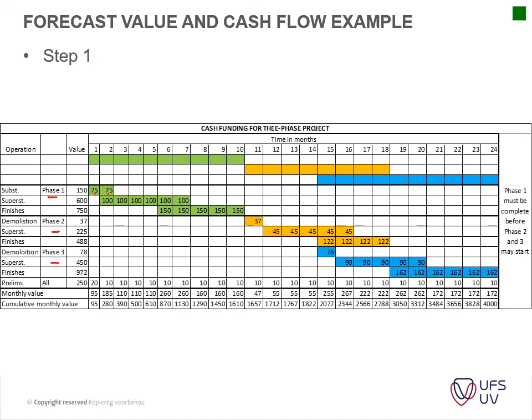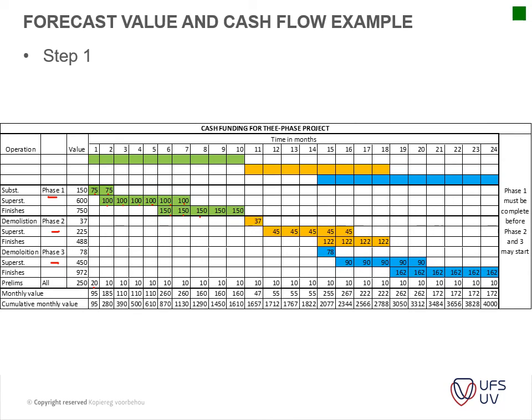Our superstructure is divided into 6 equal parts, 100,000, 100,000, 100,000, and so forth. So it goes through the motions the same way as the previous example, and then you actually just plot that and you add that together to get to a point, or your prelims is here at the bottom.